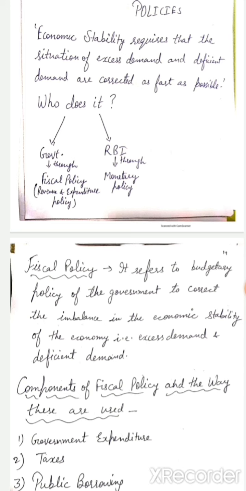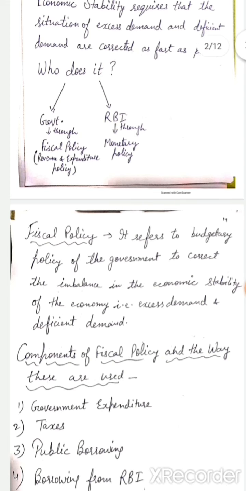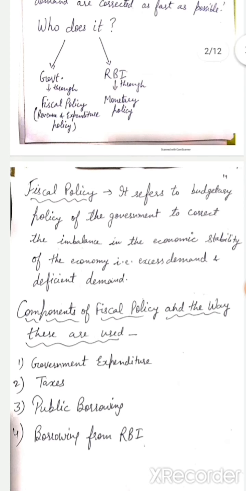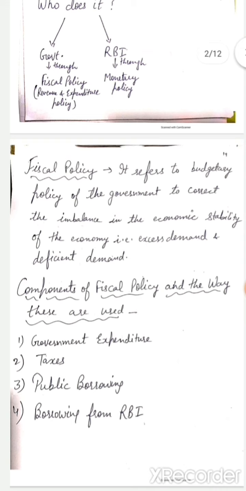Government and the central bank, also known as RBI, the Reserve Bank of India, can correct these situations. Government can do it with the help of fiscal policy, another name for which is the revenue and expenditure policy of the government. And RBI can correct these situations with the help of monetary policy.